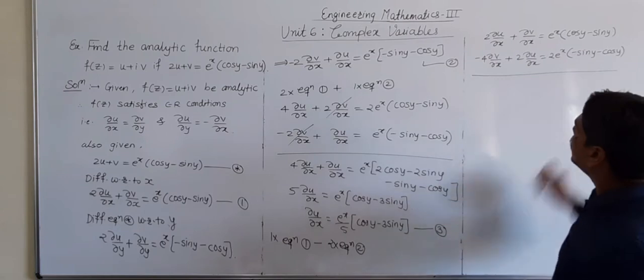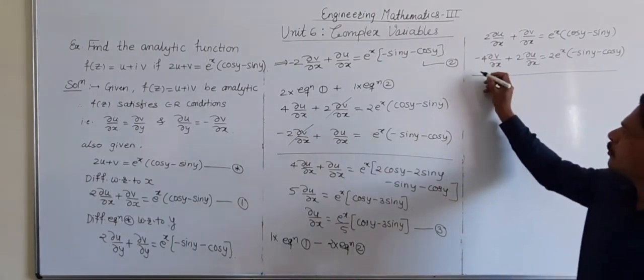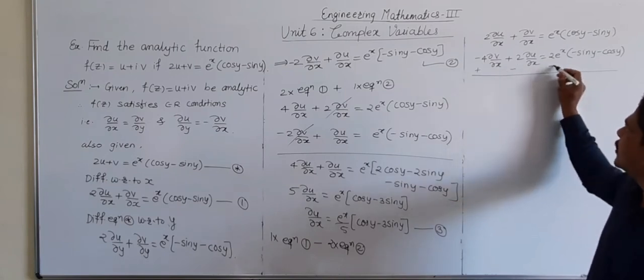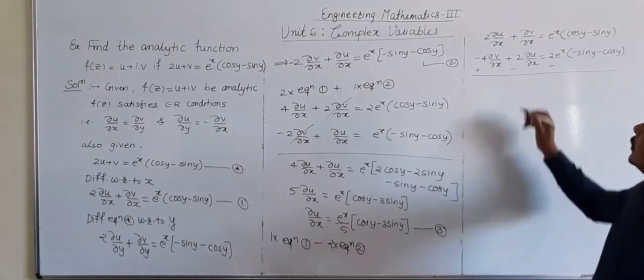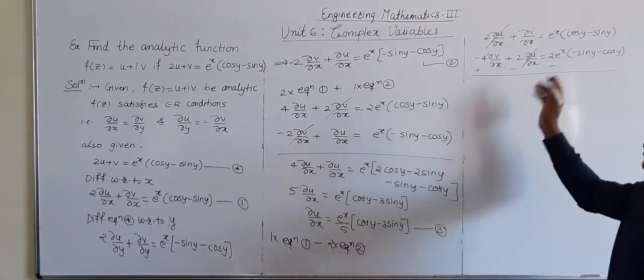Then take subtraction of these two equations. That means the sign of the second equation will get changed. So this minus becomes plus, this plus becomes minus, and this plus becomes minus. So these two terms are the same with opposite sign, so this term will get cancelled.